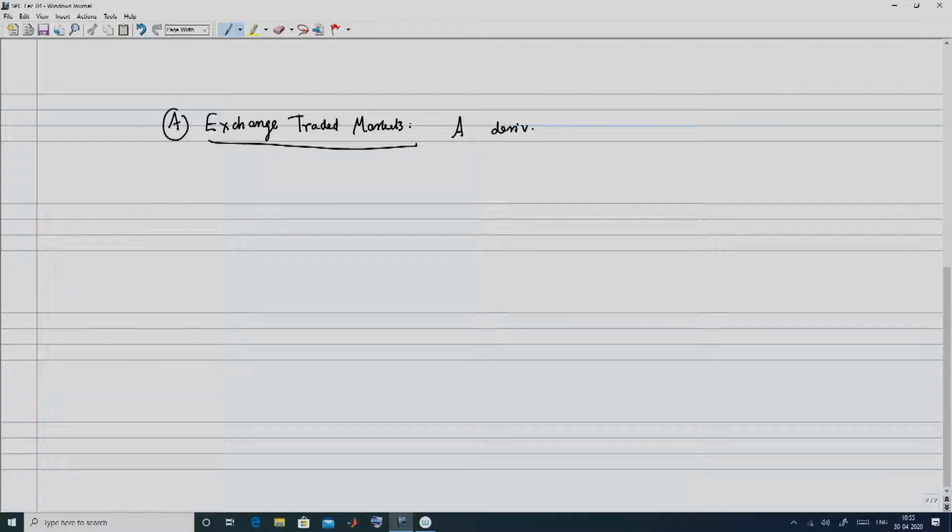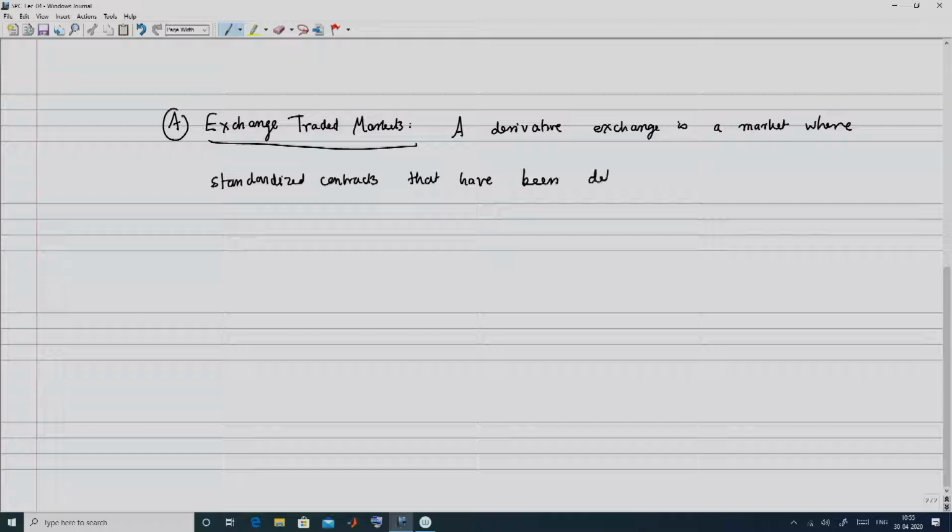So, we will say that a derivative exchange is a market where standardized contracts that have been defined by the exchange are traded.